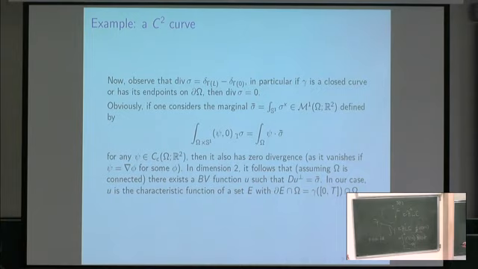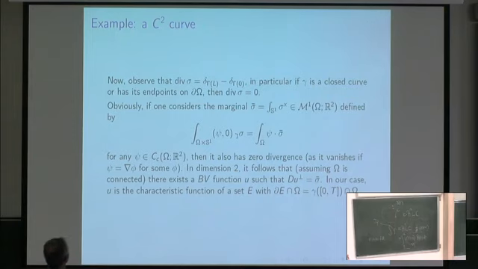And in that case, this is simply psi of gamma of 1 minus psi of gamma of 0. So if you define this kind of measure associated to a curve and integrate it on a gradient, you just get the value of the function at the end minus the value of the function at the beginning.